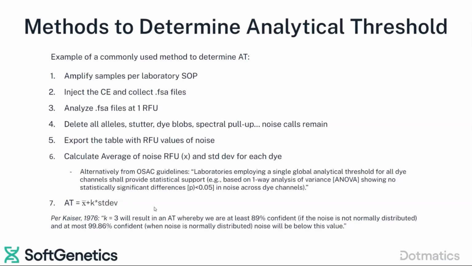Okay, and then the analytical threshold is the average plus 3 times the standard deviation. I always knew that 3 was a commonly used number, but what I didn't realize was it's per Kaiser that a K of 3, when the noise is normally distributed, which is common, is 99.86% confidence. So 3 is a commonly used K value for this calculation.